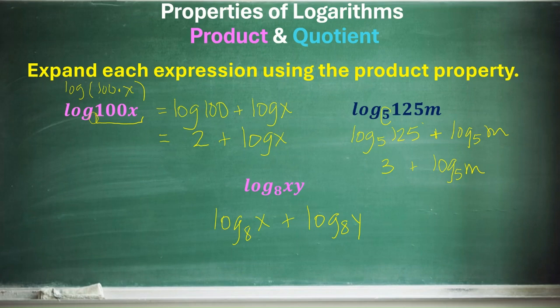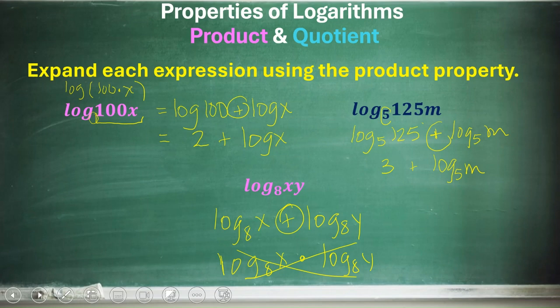Just a quick reminder here, we are not multiplying these together. This is not log base 8 of x times log base 8 of y. No, this is wrong. We have to add. Notice I'm adding in every single one. All right. That is simplification from multiplication using the product rule.